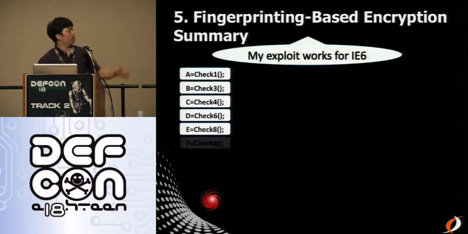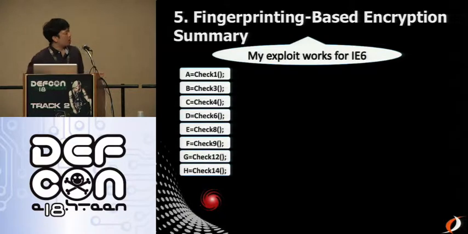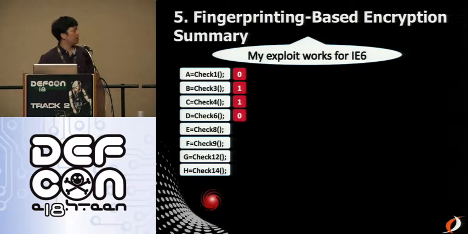So in order to correctly detect IE6, we're going to use this subset of our checks: 1, 3, 4, 6, 8, 9, 12, 14. We assign them to each variable, generate this piece of JavaScript to be served together with the exploit, and then generate the correct answers. If you are IE6, the correct answers should be those.